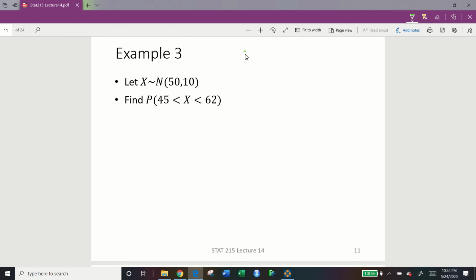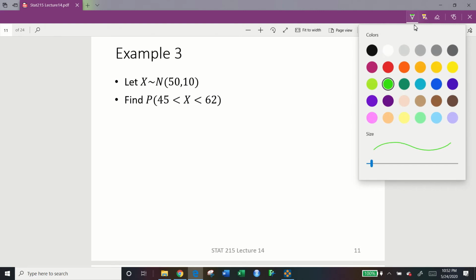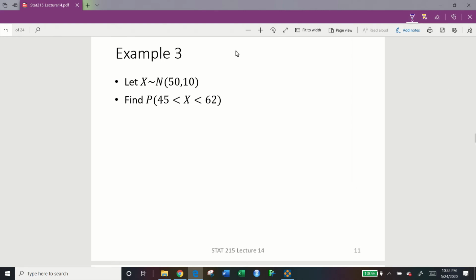So z1 will be x1 minus mu over sigma, and we will have 45 be equal to x1 and 62 be equal to x2.